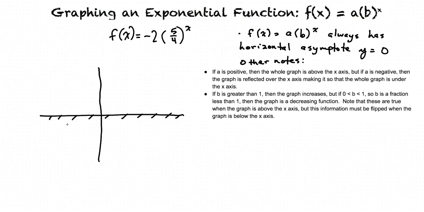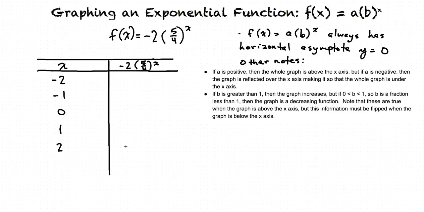So it actually looks like an upward slope. Oh wait, the graph is below the x-axis, so it's actually a decreasing function. So it looks like a downward slope, because it is reflected over the x-axis. Very good. We will now see this and get our exact graph by plotting the points x equals negative 2, negative 1, 0, 1, and 2.